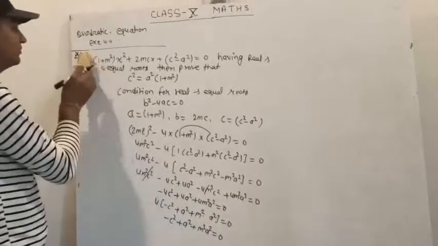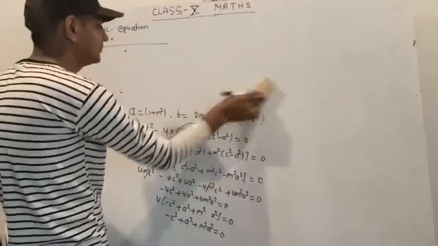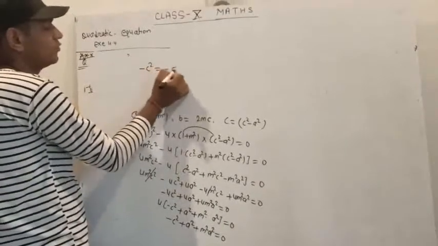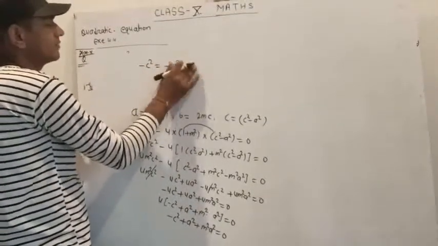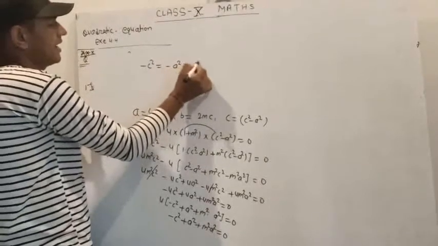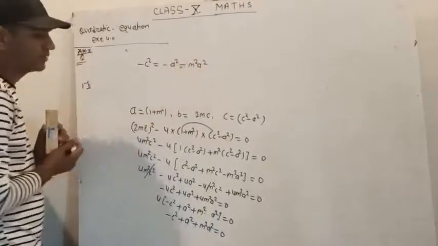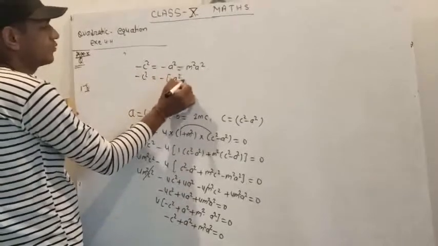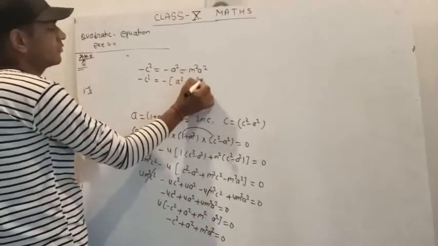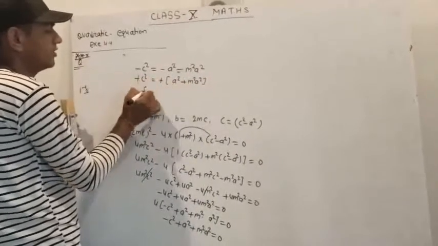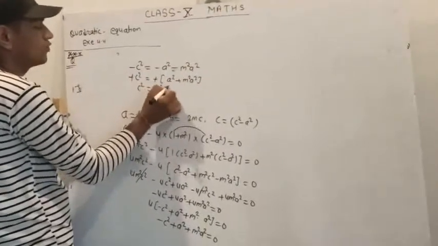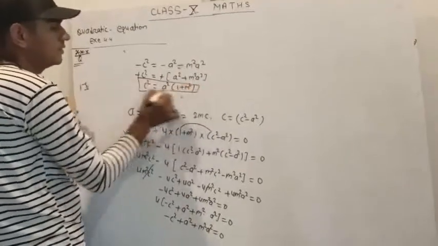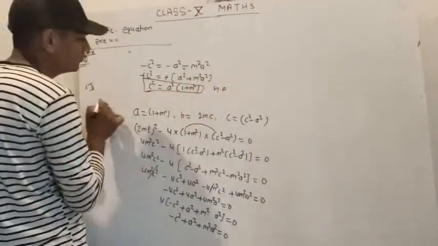Now next, minus c square equals to minus a square minus m square a square. So minus c square, we will take minus common, a square plus m square a square, negative negative cancel. c square equals a square also common, 1 plus m square. ये proof करना था and proof.